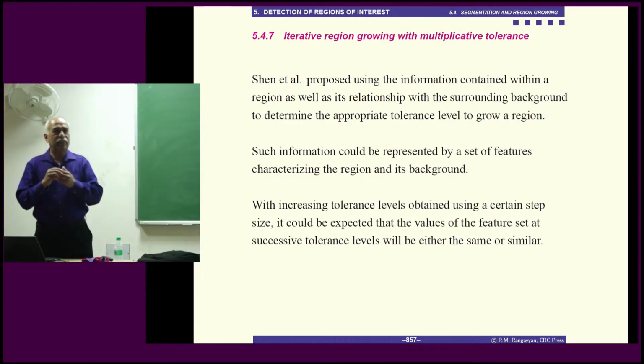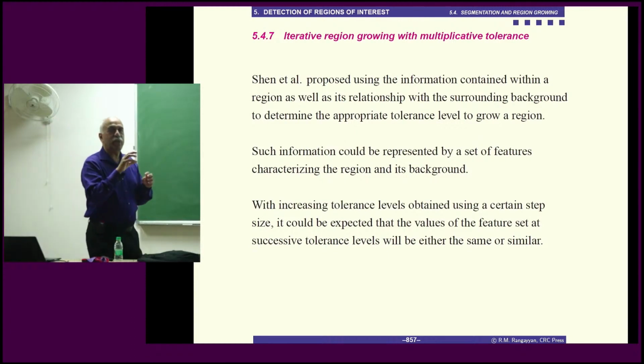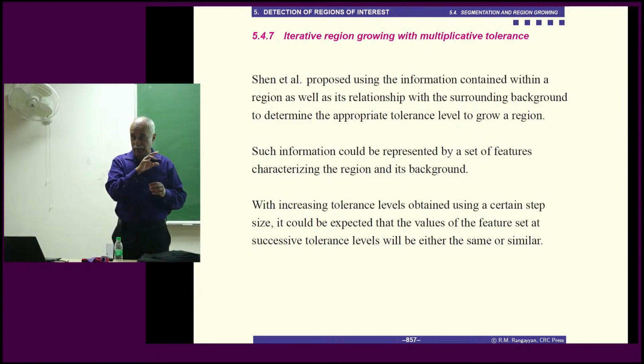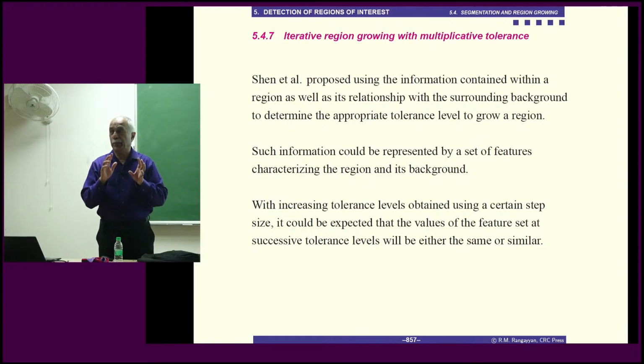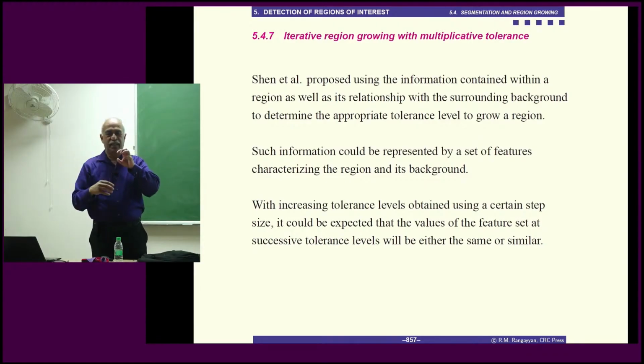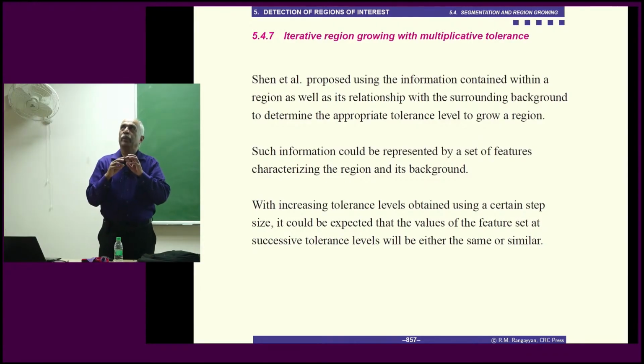We may get one region, but we're not sure if that is good. So we said we will grow multiple regions with multiple threshold values, and then among them we will select one that appears to be stable. We don't know which one, we get a whole range of these regions. As you increase the tolerance, the region gets bigger and bigger. You allow more variation.